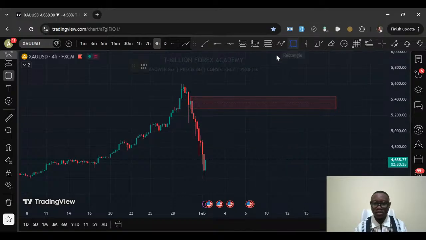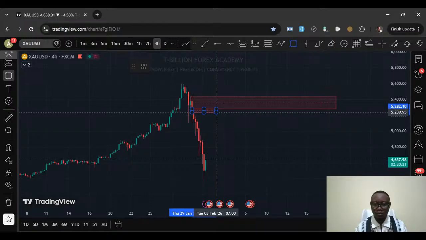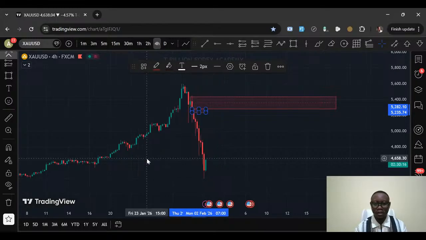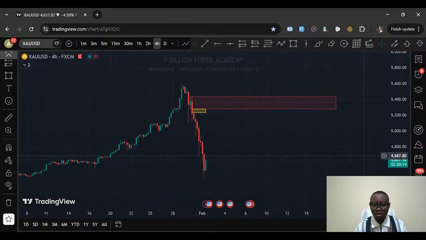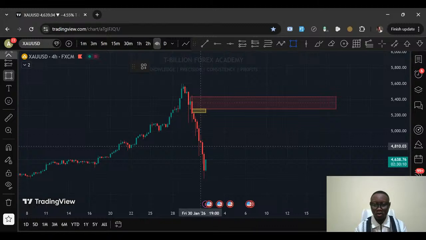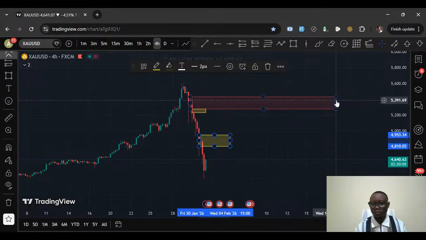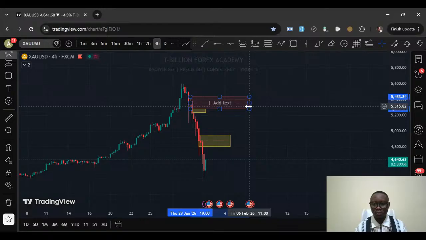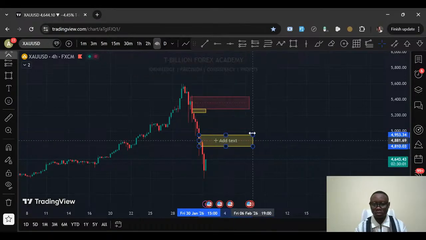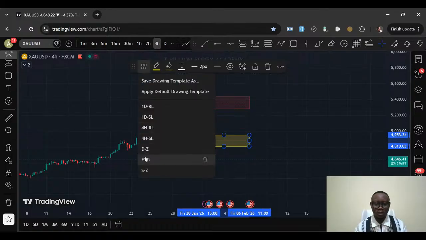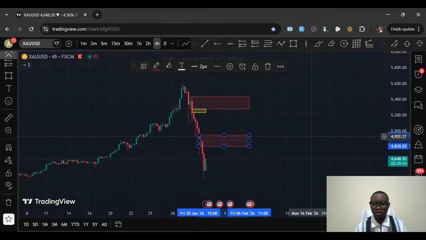And here's our FVG. So let's say we have another supply order block zone here. We have another order block zone here. And again, supply order block zone.